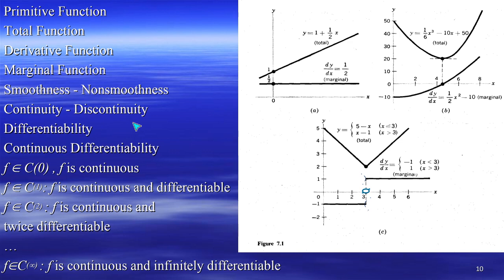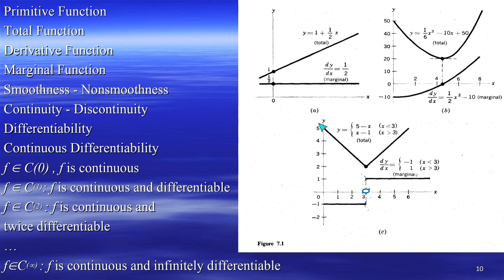All right. Continuity, discontinuity. Continuity is intuitively being able to draw a function without taking the hand off the paper, without taking the pen off the paper. This is continuous, this is continuous. Here we have a step function which is not continuous.